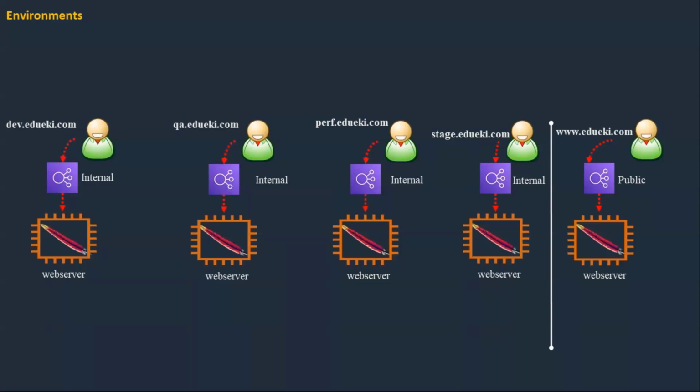That means this is a production environment. www.edueki.com is the real URL that people are using. Hence my corresponding load balancer is also a public load balancer, and it is serving the traffic to the backend web server.